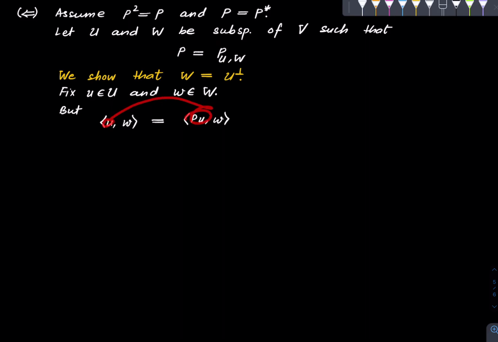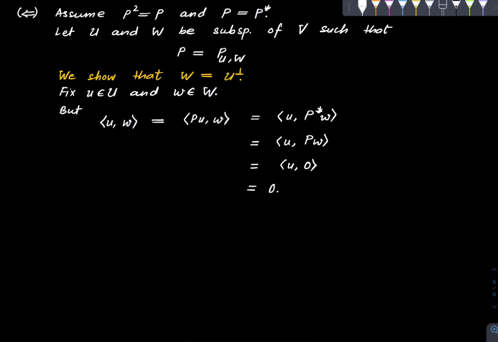That's what gives us this, which is equal to, by the defining equation for the adjoint, we have this. But now we use the condition that P star is equal to P. So we have that. But what is Pw? Pw is 0. Right? P is the projection on U with respect to W. So it kills everything in W. So this is equal to 0 and we are done.